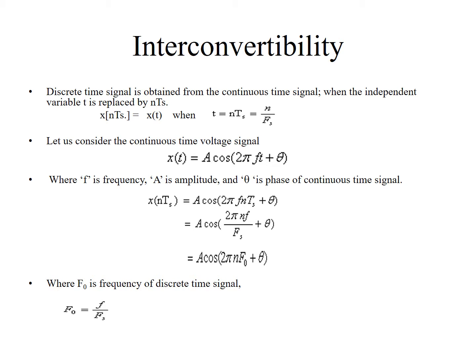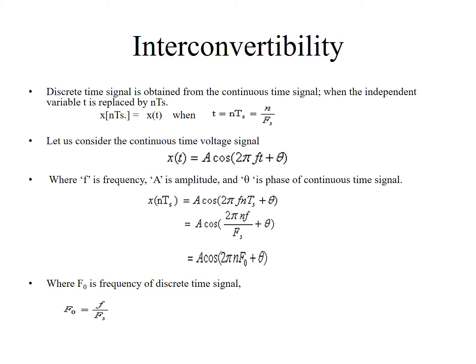Let us consider a continuous time signal and we need to convert it into the discrete time domain. So let x of t equal to A cos(2 pi f t plus theta), where f is the frequency, A is the amplitude and theta is the phase of the continuous time signal.